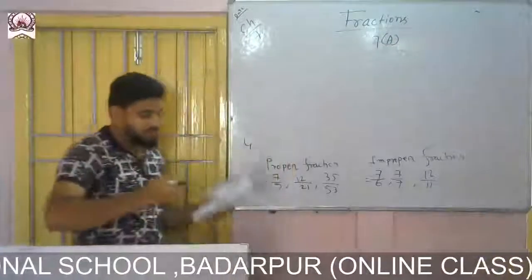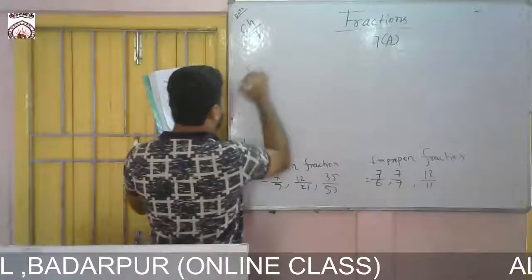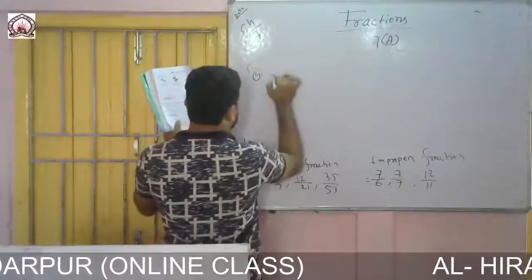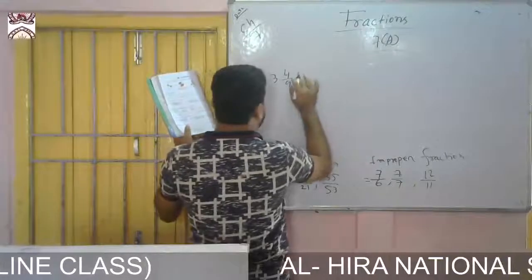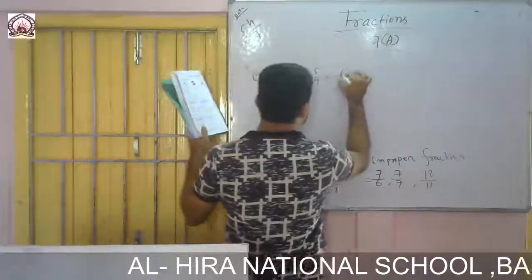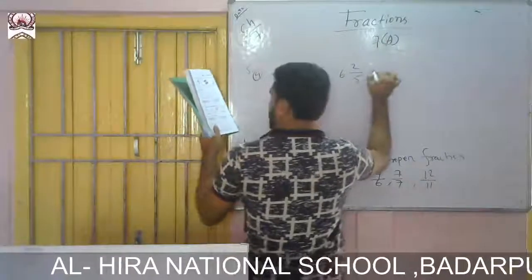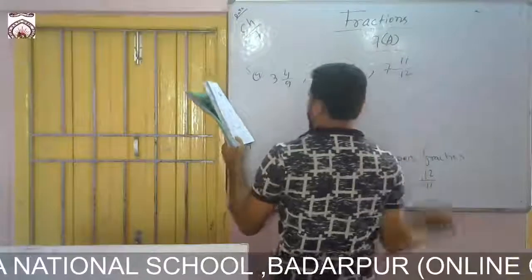So what do you see in question number 5? Question number 5a: 3, 4 by 9, comma 5 by 9, comma 6, 2 by 5, comma 7, 11 by 12.